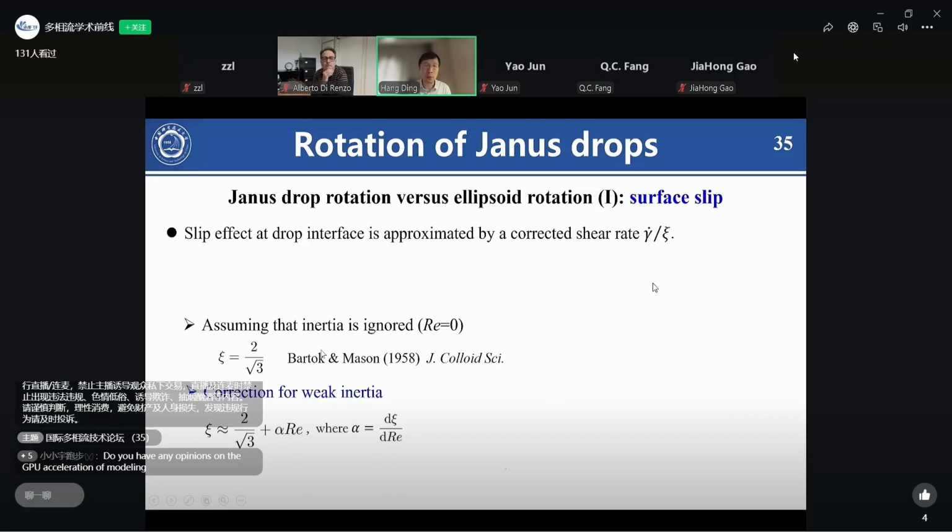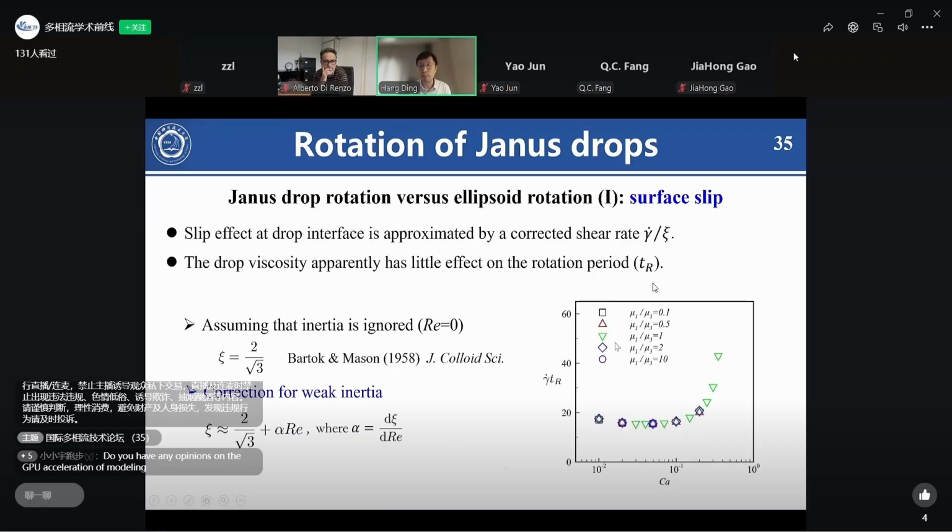We followed previous work like Bartok and Mason, who showed that when the inertia is ignored, that's Stokes flow, then we have a corrected parameter zeta. Then for corrections for weak inertia, we can expand it to first order in the Reynolds number, as we have alpha here.